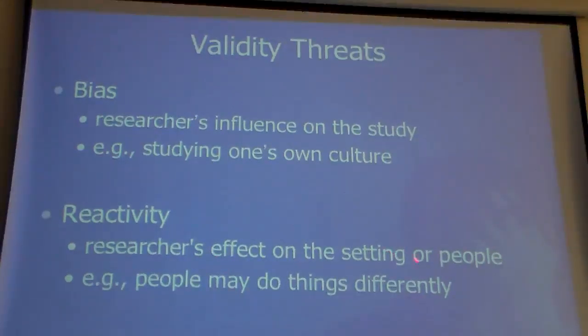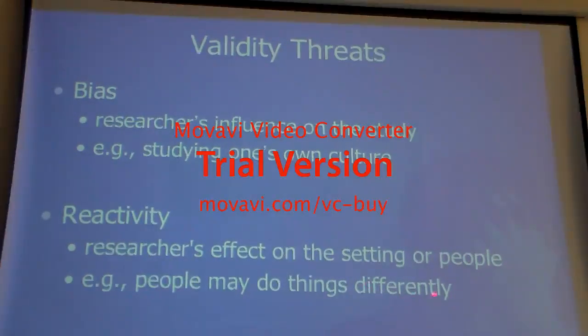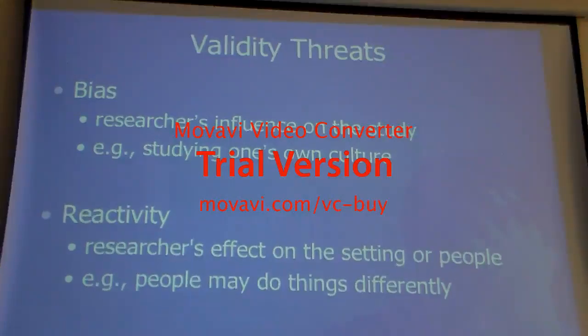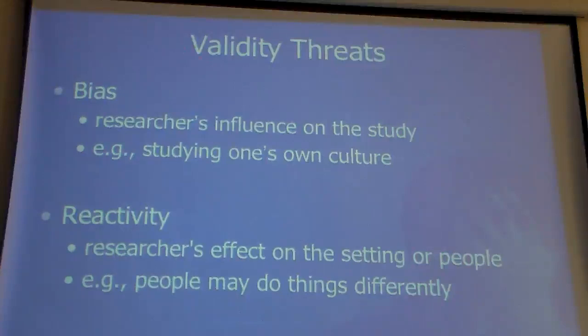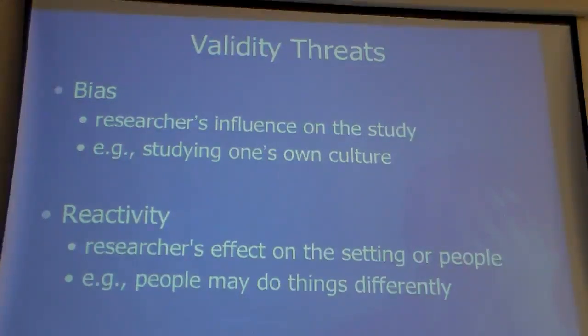Reactivity is the researcher's effect on the setting and the people. People may do things differently. The reactions of people, the emotions, all these things play roles that affect the validity in a bad way.